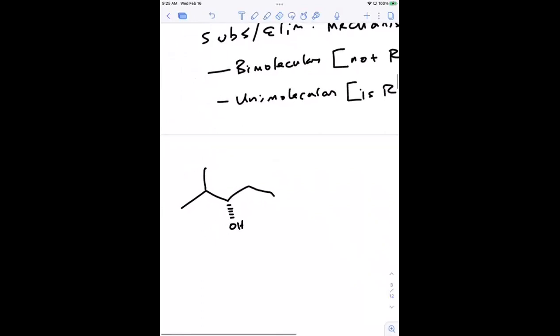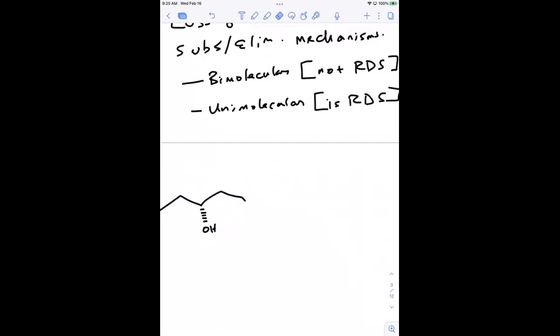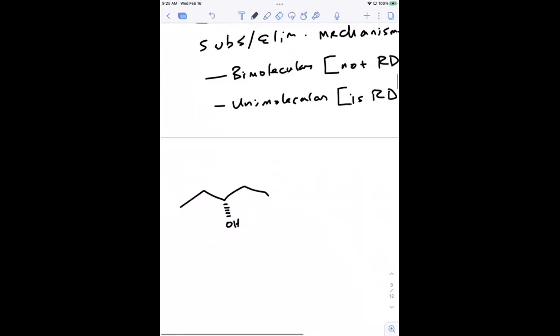Let me not branch that because we have to think about rearrangement. We got a secondary alcohol, but that's not chiral either. So let me make it chiral. Here.